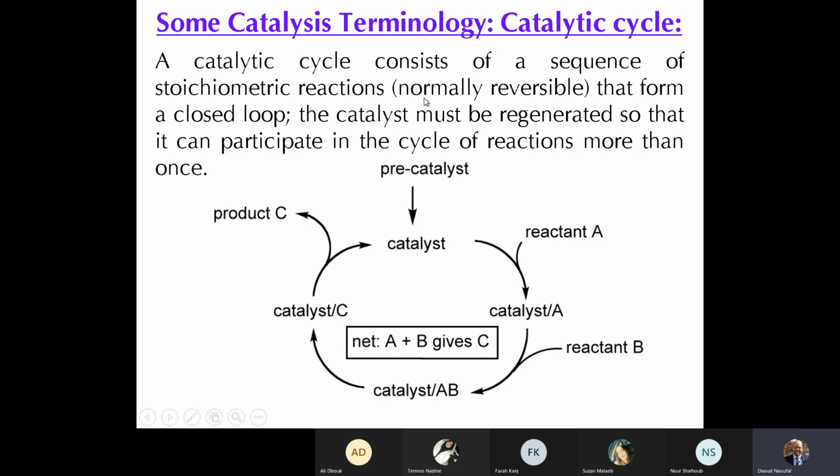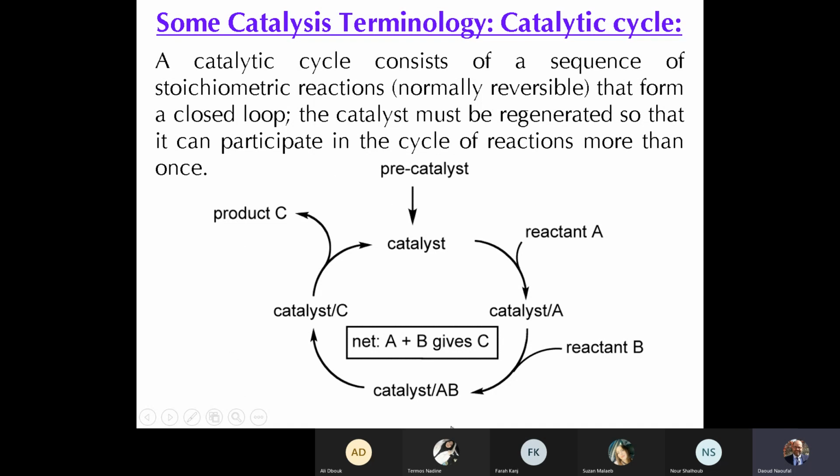So most of the reactions are reversible, and we can favor one direction over another according to the properties of the catalyst, and especially the electron count or the electron density around the metallic center. So why is this a catalytic cycle? Since the catalyst should be regenerated, it can participate in the cycle of the reaction several times.